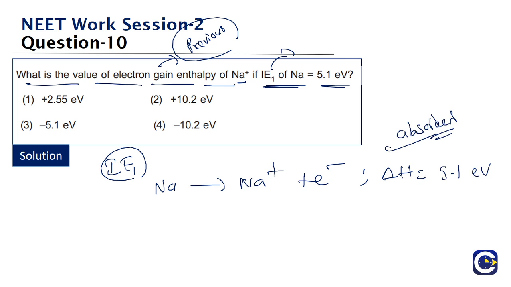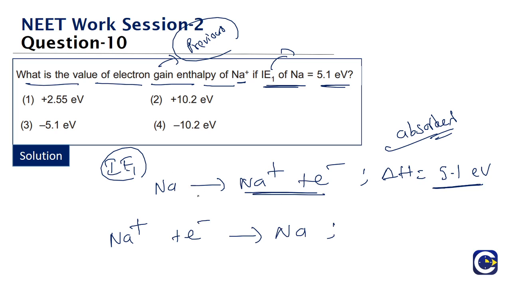What is the question they're asking? The electron gain enthalpy of Na plus. Electron gain enthalpy of Na plus means you are giving one electron to Na plus, and thereby it will form sodium. To remove one electron and form Na plus you require 5.1. If you give an electron to Na plus and form sodium, it is going backwards, and the same amount of energy will be released.